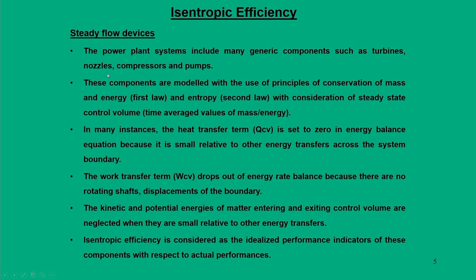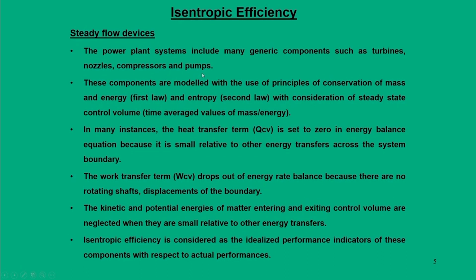Now, because of the nature of the different components, for example, a turbine is meant for producing work, a nozzle is meant for enhancing the velocity, compressors are used for raising the pressures, and pumps are also used to raise the pressure of liquids.